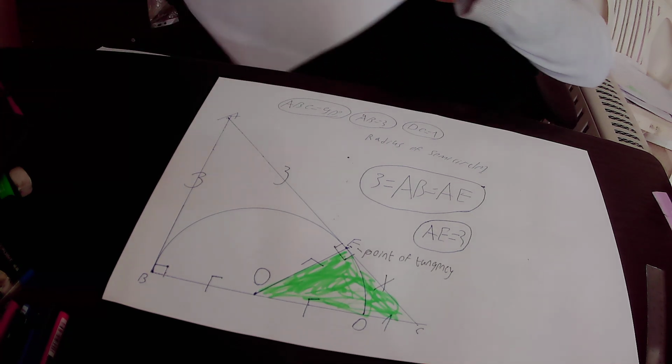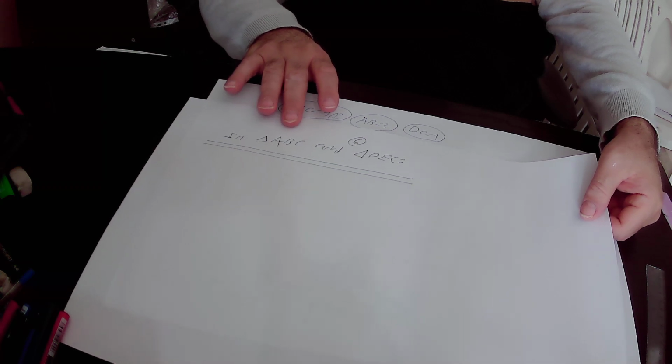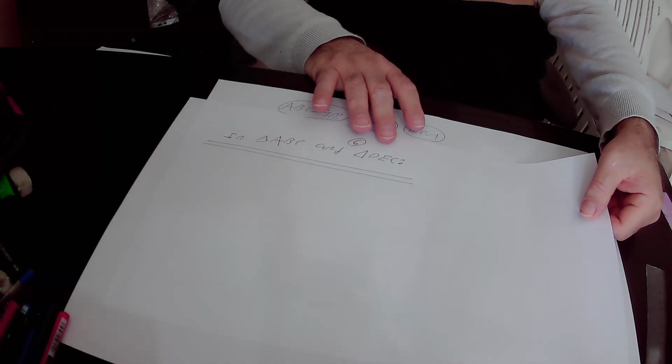And repeat again, we will focus on the right big triangle ABC, and on the green right triangle OEC.